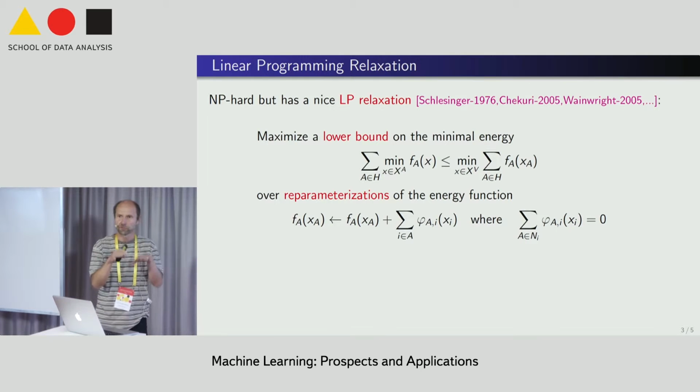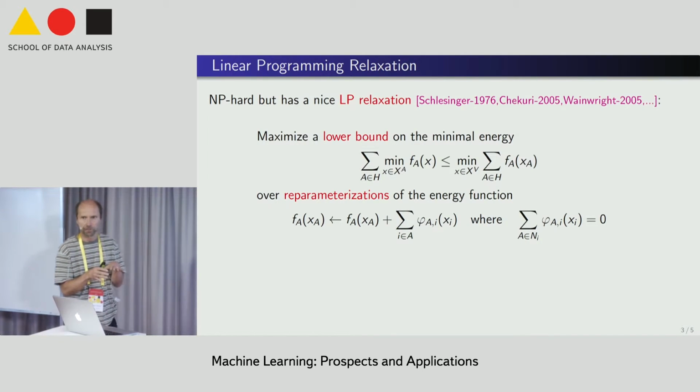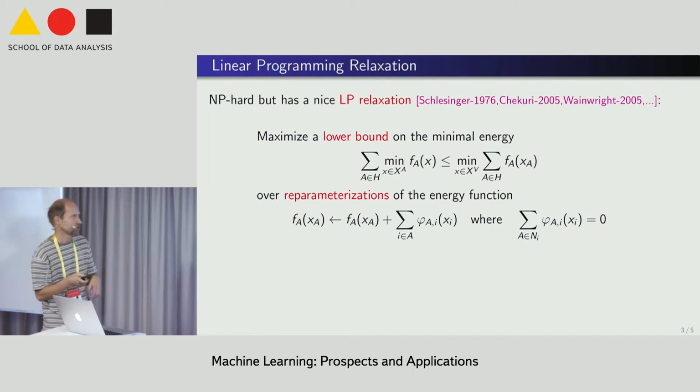So you have certain freedom in what these little cost functions can be, and still the total function is the same. If you combine these two things, you can maximize the lower bound over all possible reparameterizations. And this can be written as an LP relaxation. Actually, it is a dual form of a very natural LP relaxation of the original problem.